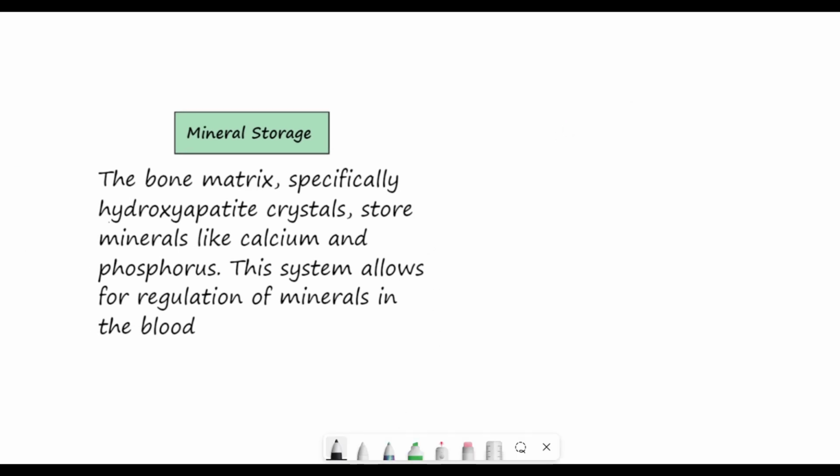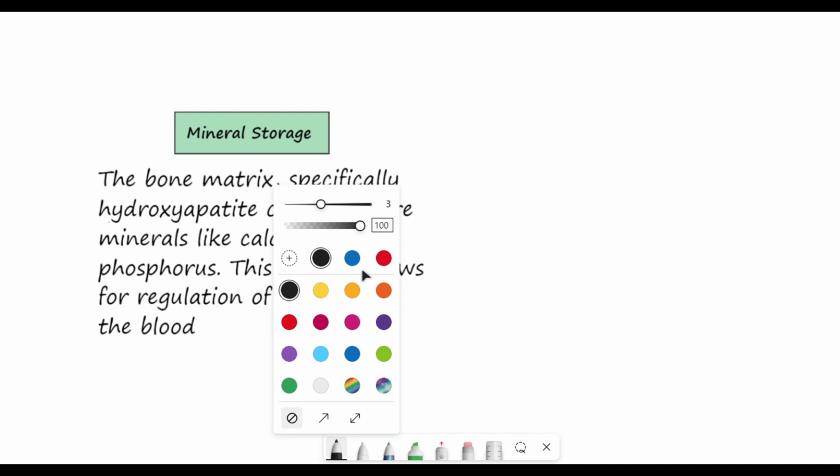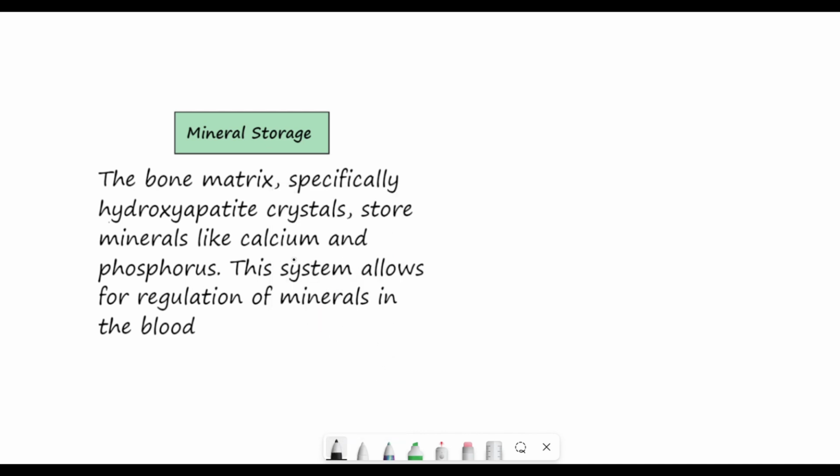Alright, another really important one, especially for regulation of minerals in the blood, is mineral storage. So in the bones, your minerals like calcium and phosphorus are going to be stored as hydroxyapatite crystals. So it's pretty much collagen that comes together with calcium and phosphorus and a couple other, smaller minerals to be stored in the bone.